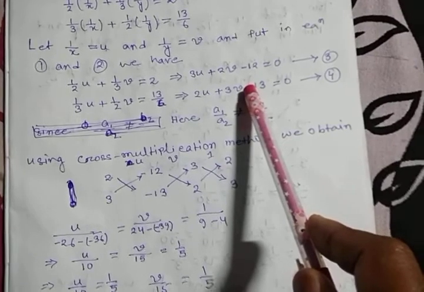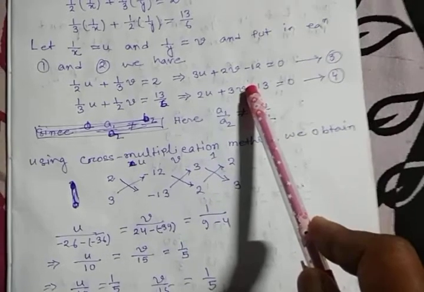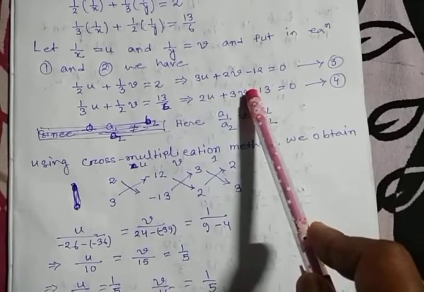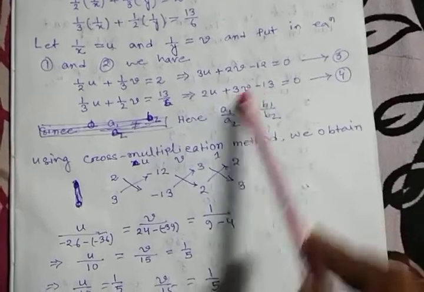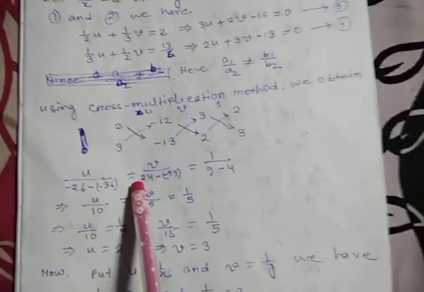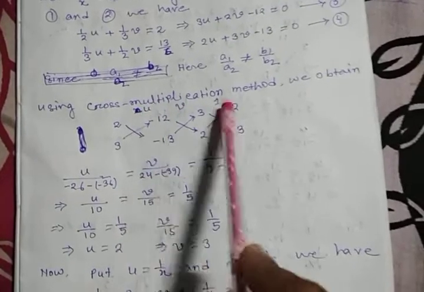We have already studied in the previous class how to solve by using the cross multiplication method, so now we know how to apply it. So u, v and 1.